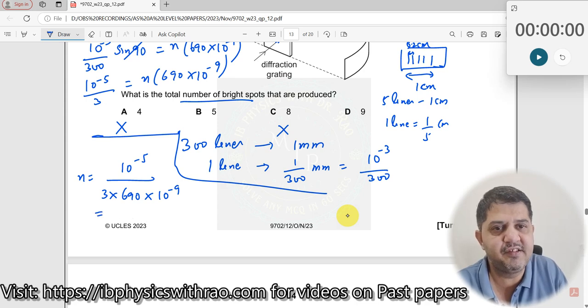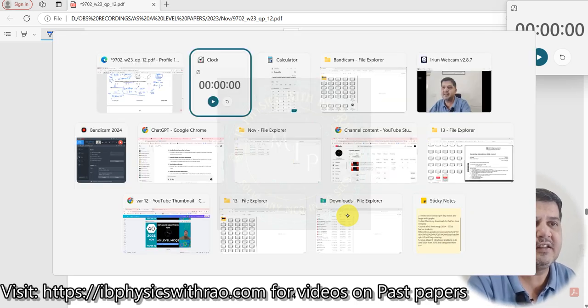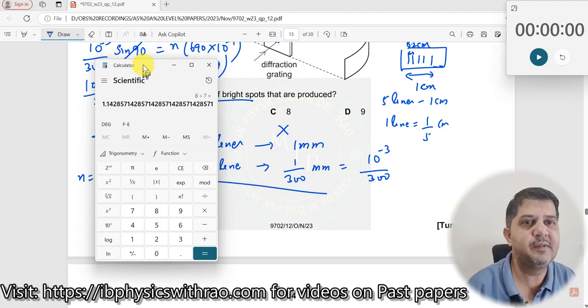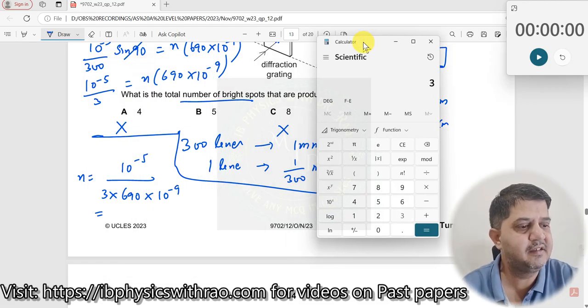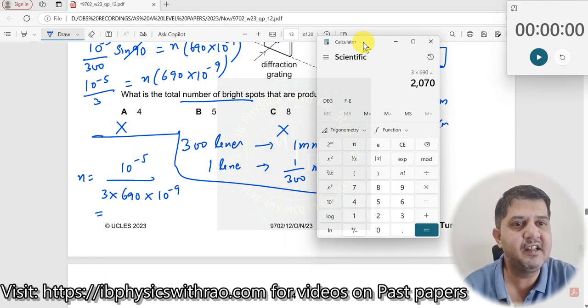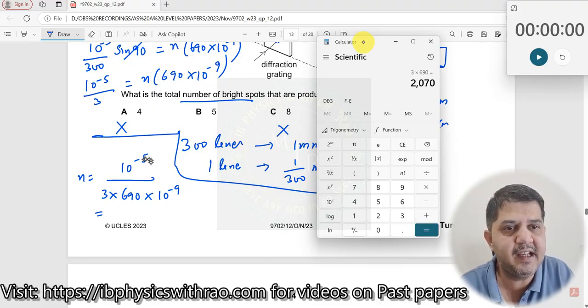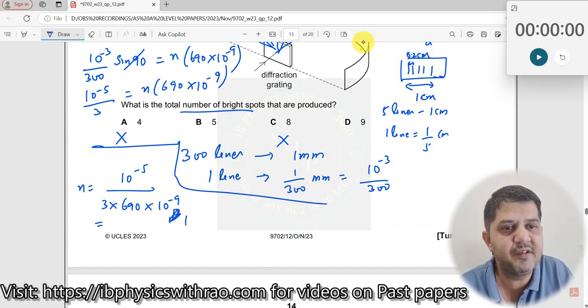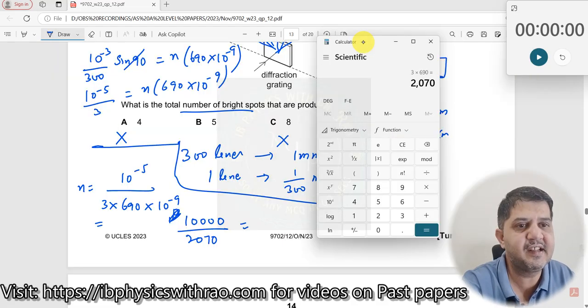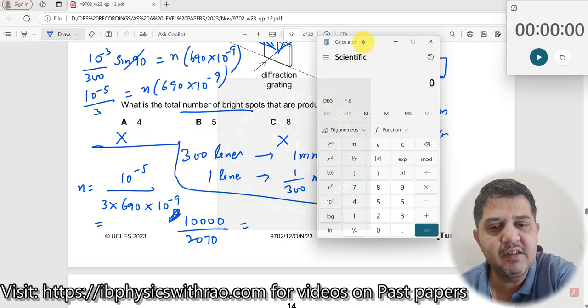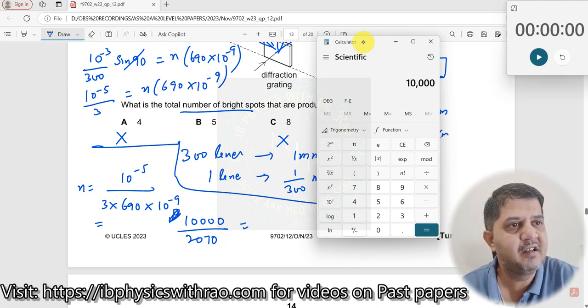When I do this, what is the answer? 3 times 690 is 2070. And 10 to the power minus 5 with 10 to the power plus 9 becomes 10 to the power plus 4, which is 10,000 divided by 2070.